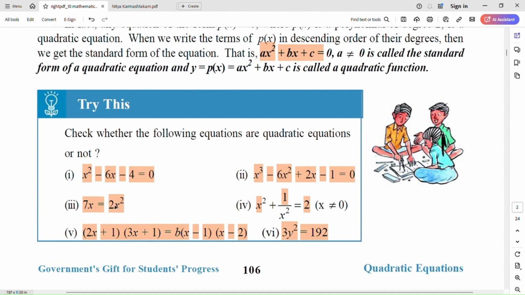You can bring 7x to the other side. It will become 2x square minus 7x equal to 0, which is a quadratic equation. This is not quadratic because if you simplify it, basically multiply this whole equation with x square, it will become x power 4 plus x square equal to 2x square, right? So this is not quadratic, okay.